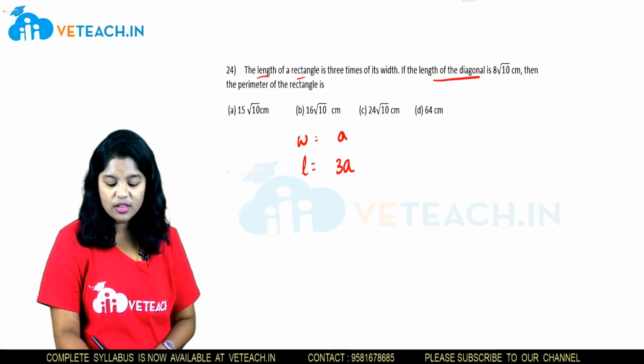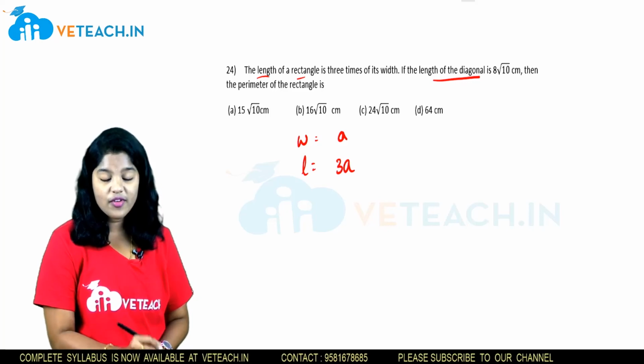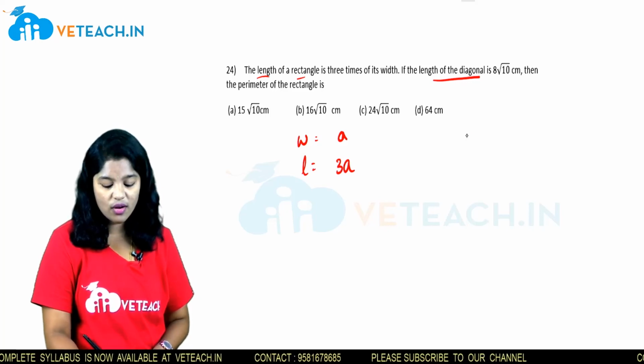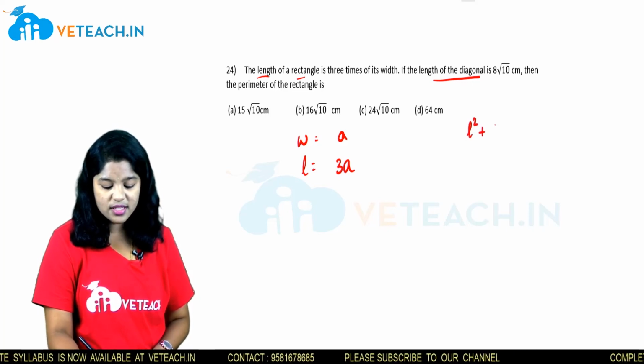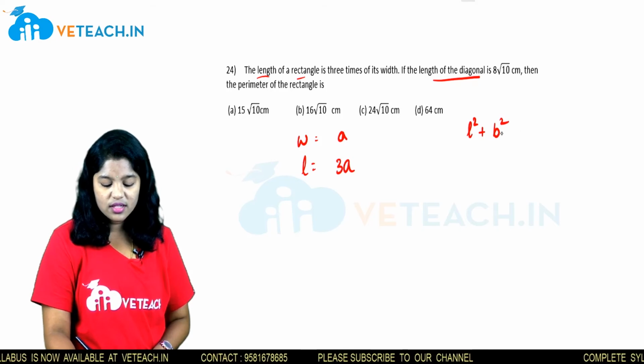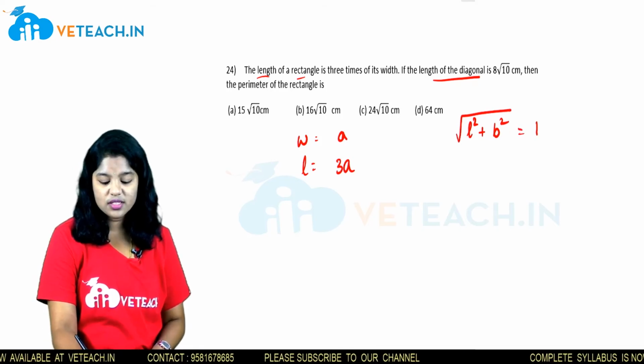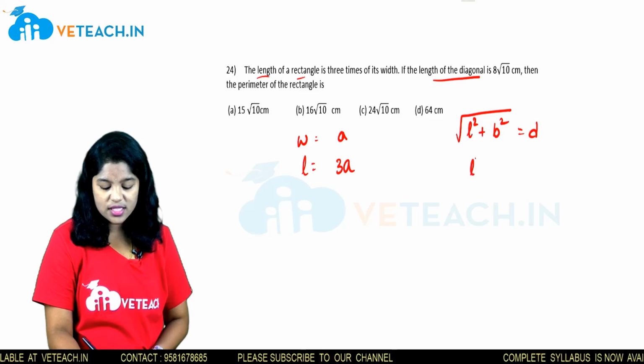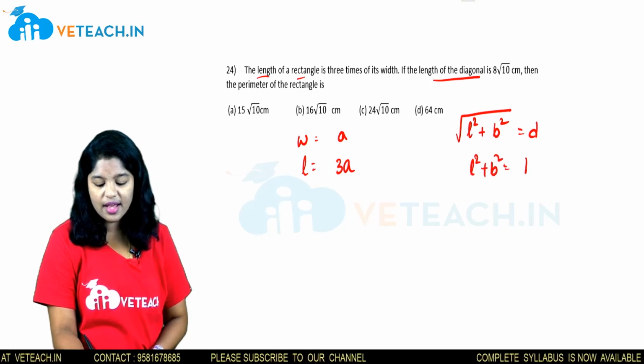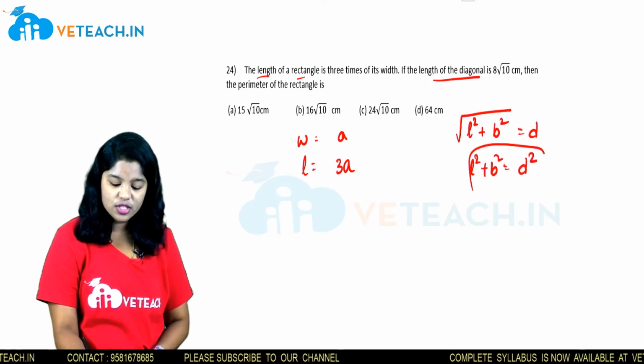And they have given the length of the diagonal. We have a formula when length, breadth and diagonal are involved. Root of L square plus B square is equal to diagonal. So L square plus B square is nothing but diagonal square. So we will use this formula.